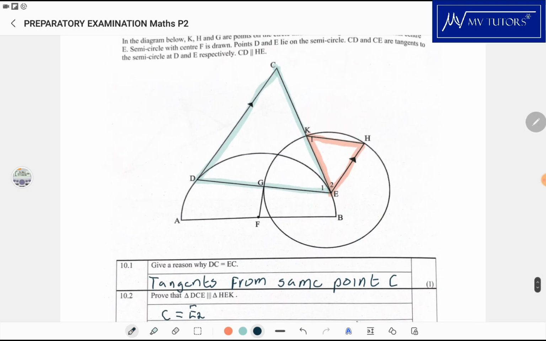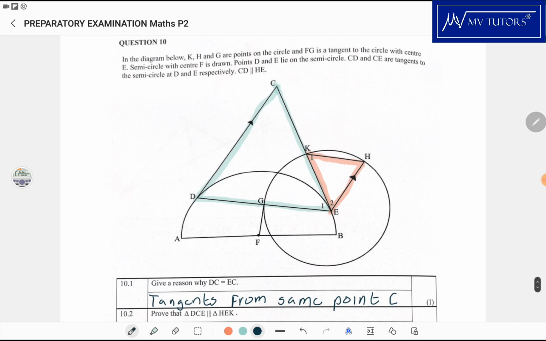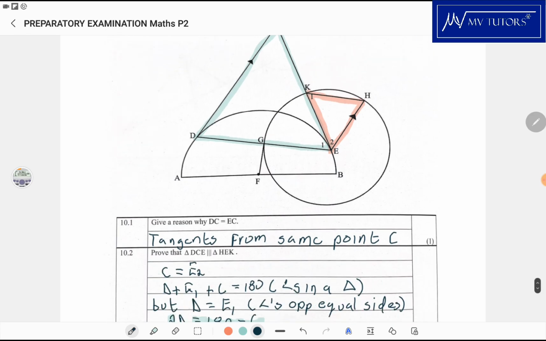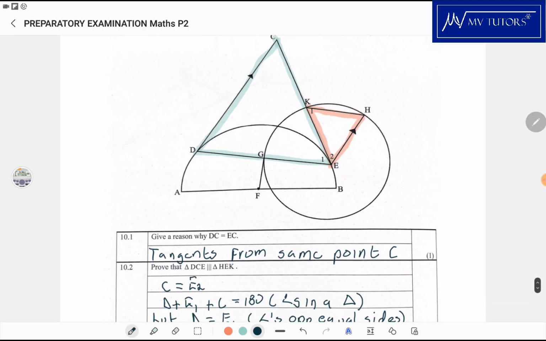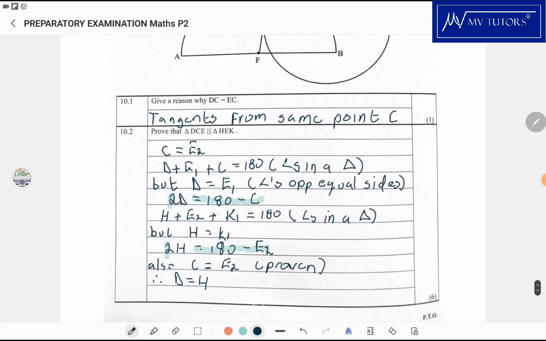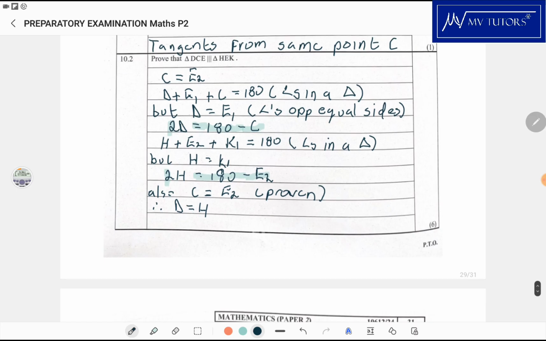So now I've proven that D is equal to H, and that C is equal to E2. That means the last ones missing are E1 and K1, as the third angle.